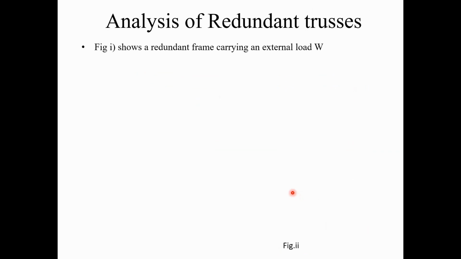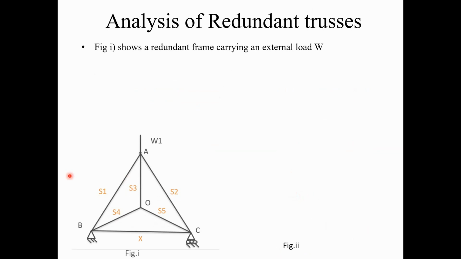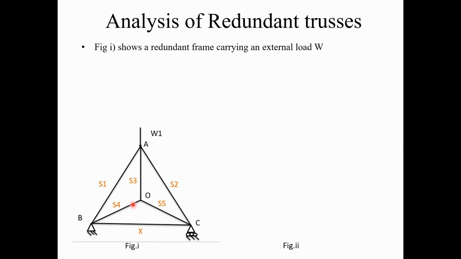The first figure shows the redundant frame carrying an external load W. Here that frame is the redundant truss, which is supported on a hinge support at B and a roller support at C and subjected to the point load W1 at A. If you see the determinacy of this truss, it is determinate externally, because the number of unknowns in this truss is 3, that is 2 at the hinge support and 1 at the roller support.